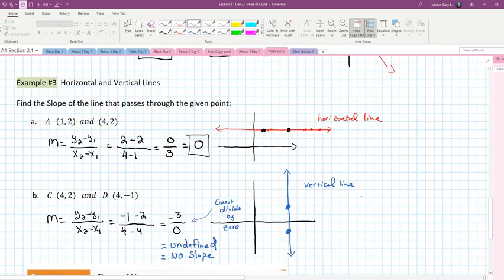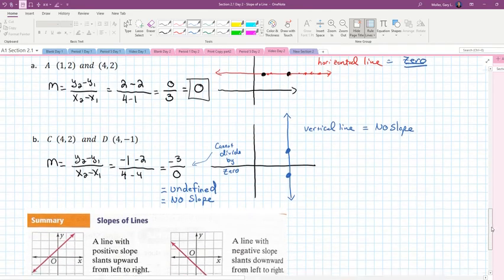So the slope of all vertical lines is always no slope. Slopes of all horizontal lines are always a slope of 0. And that's not something you're going to just kind of remember unless you make a point to memorize it and come up with a way to remember it.